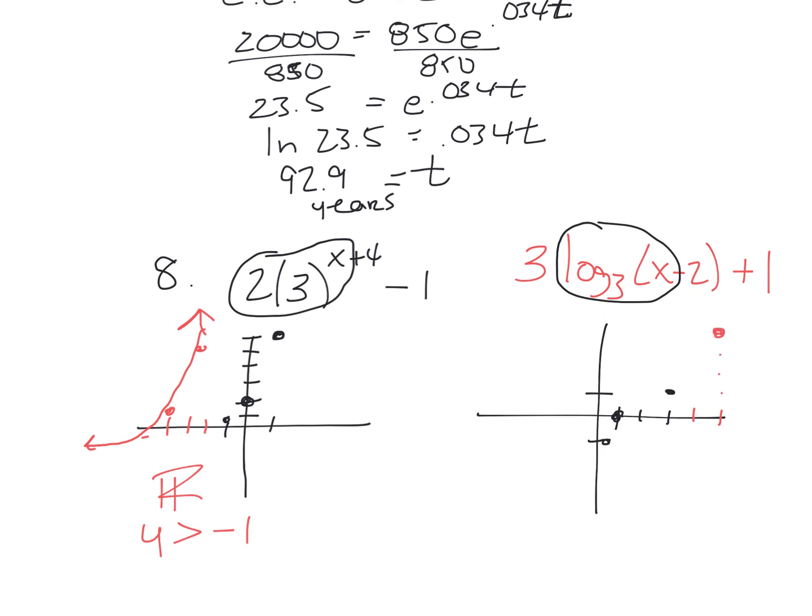And I'm going to go up 1. For this point, I'd move right 2. If I take 3 times 0, it's still 0, and then go up 1. And for the 1/3, negative 1, I'm going to go right 2. Multiplying that by 3 gives me negative 3, and I'm going to go up 1. This graph's going to look like this. And it's going to get closer and closer to 2. Domain here would be x is greater than 2, and my range would be all reals.